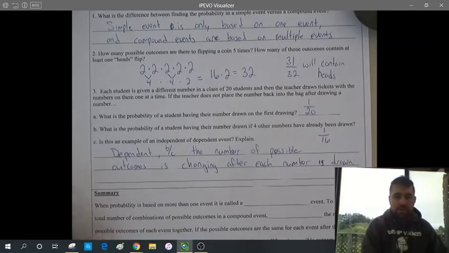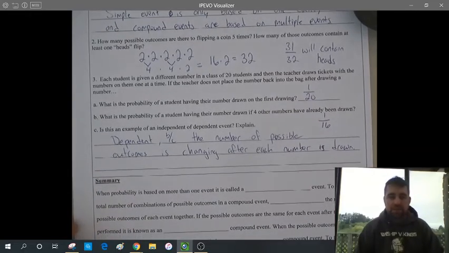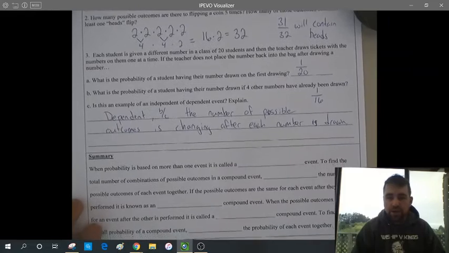Okay, so I wrote dependent because the number of possible outcomes is changing after each number is drawn.